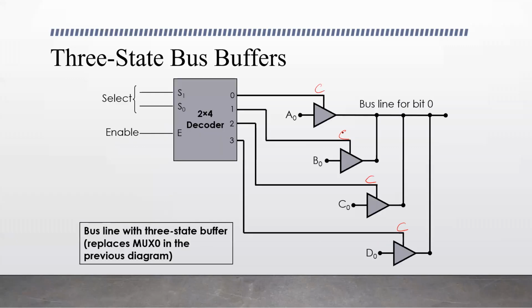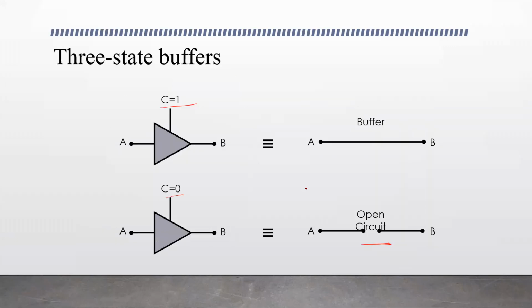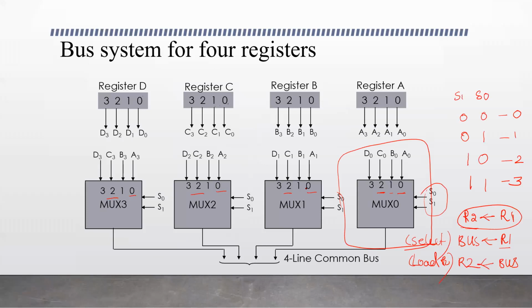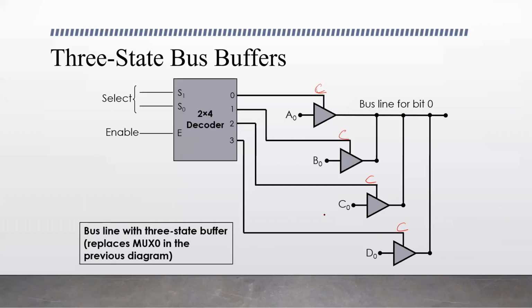So by changing the value of C, we can enable one buffer at a time so that the content of one register will be placed on the bus. That control of C is done by the decoder circuit. This is for one particular bit, the least significant bit. For constructing it for all the bits, we need 4 circuits of the same kind.